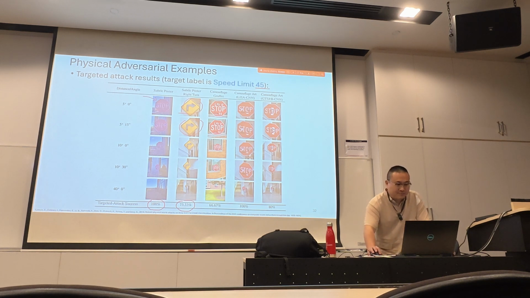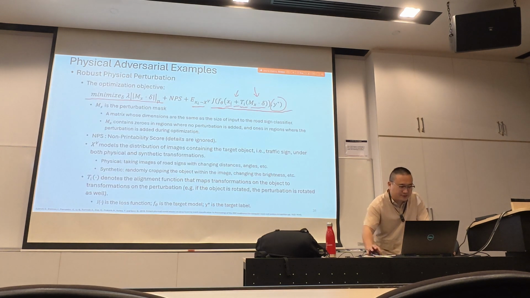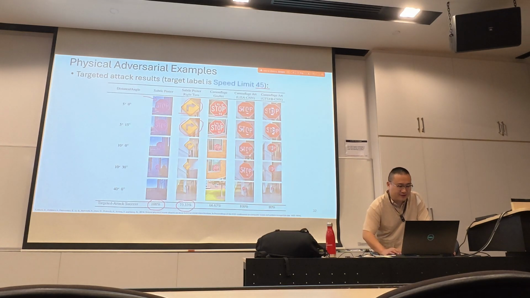And because we are using a mask, so go back to the previous slide here. This mask controls the area that we can apply the perturbations. So therefore we can actually have some very interesting shapes of the perturbations. For example, we can specify that the perturbations will have some specific shape.